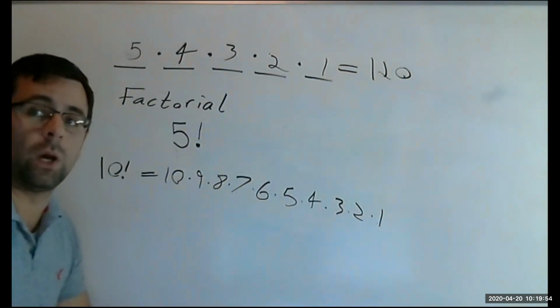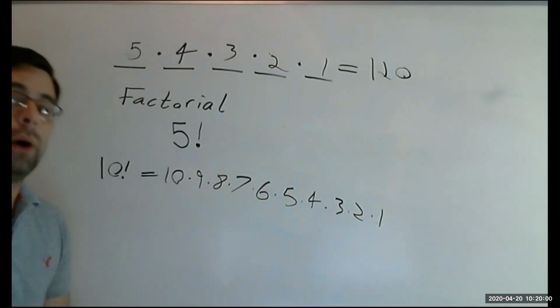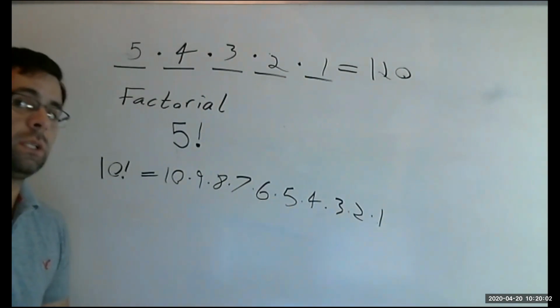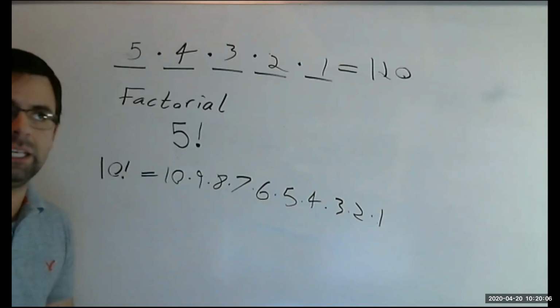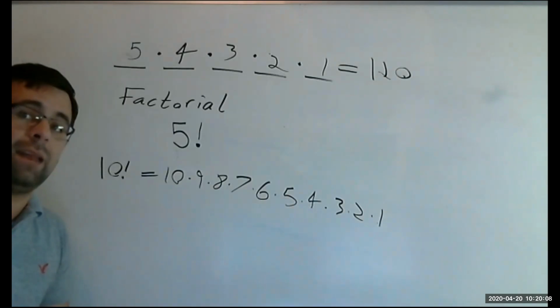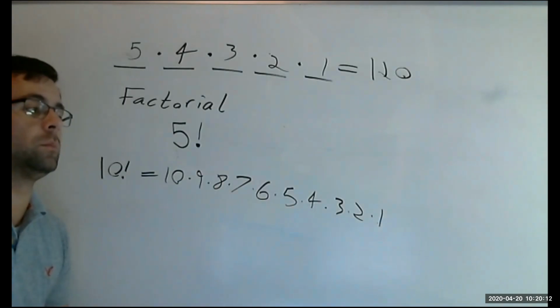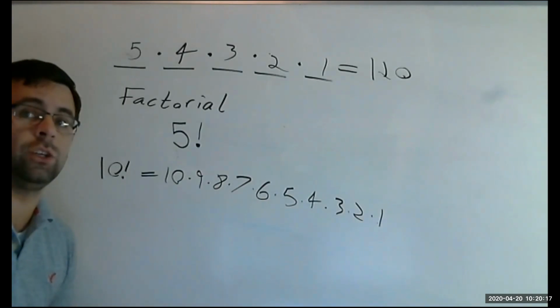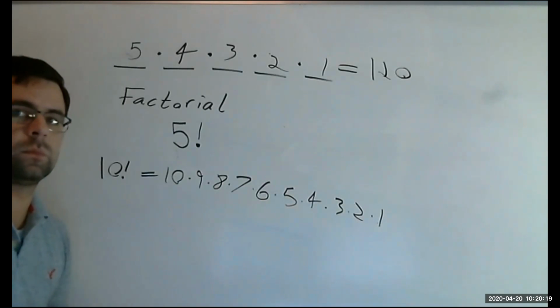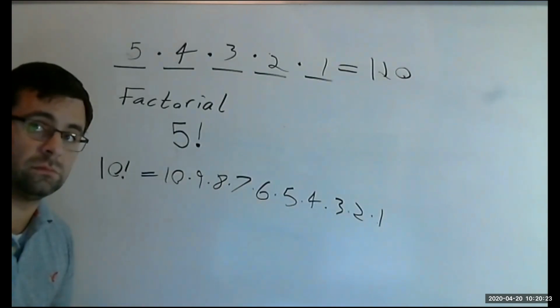Factorials get really, really big very, very quickly. But by definition, it is how to arrange that many different things. So if you're talking about a class, how many ways can you arrange 10 different students in a line?